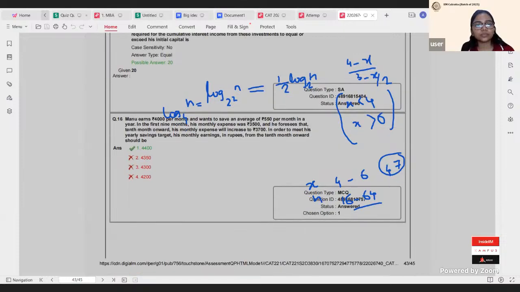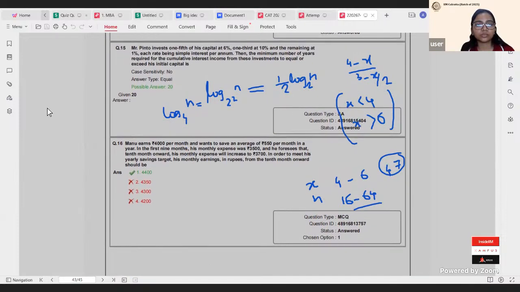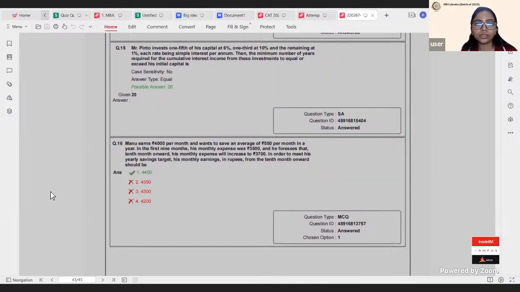The next question is a plain and simple investment sort of question. Again, calculation and all of that. 1/5 of his capital at 6%, 1/3 at 10%, and the remaining at 1%. Simple interest, we know the formula. It is PRT by 100. The minimum number of years required for the cumulative interest income from all these investments to exceed his initial capital.